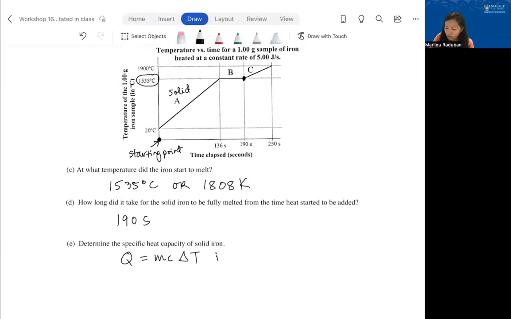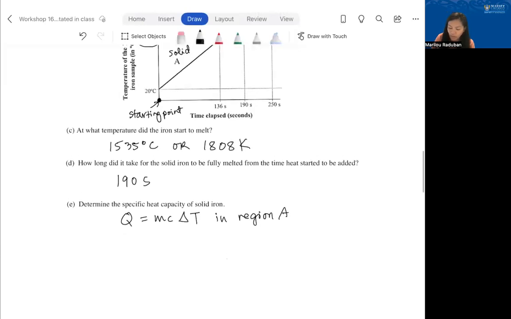But we are looking at region A. To find the specific heat, we need to find c, so we need to rearrange this equation to isolate c. c is tied to the mass and change in temperature via a multiplication, and to undo the multiplication, we need to divide by m and delta T. We have to do that division on both sides of the equation.